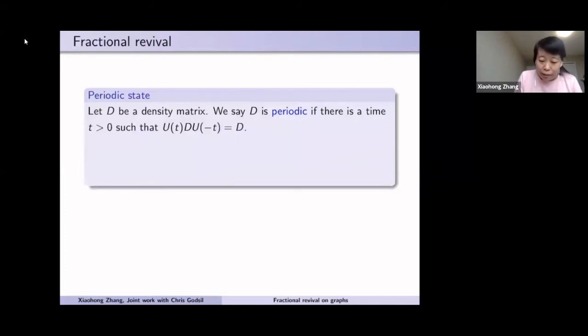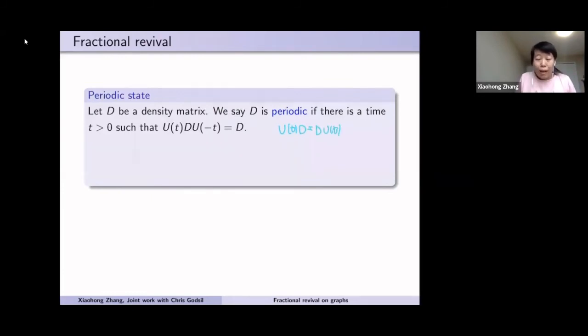Assume the initial state is represented by density matrix D. At time t, the state looks like this. So if there's a t where the state is the same as the initial state, then we say the state D is periodic. And note that this definition is equivalent to the two matrices commuting with each other.